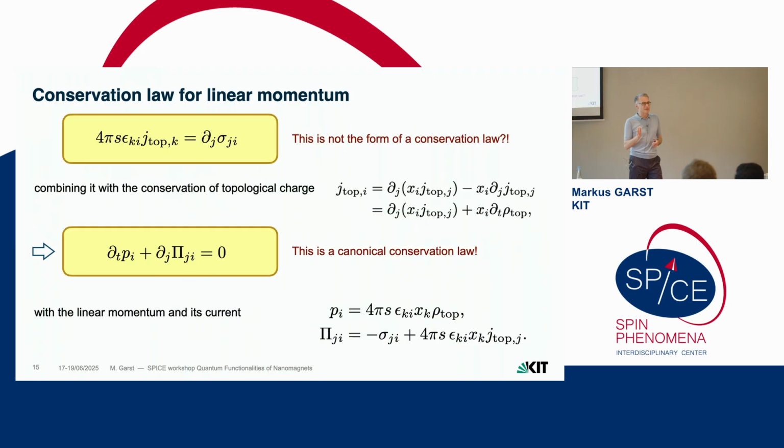However, the trick is very simple. You can actually put that into the form of a continuity equation, just by massaging the left-hand side a little bit. And what we do is we use the continuity equation for the topological charge in order to express the current in terms of space times the time derivative of the topological charge.